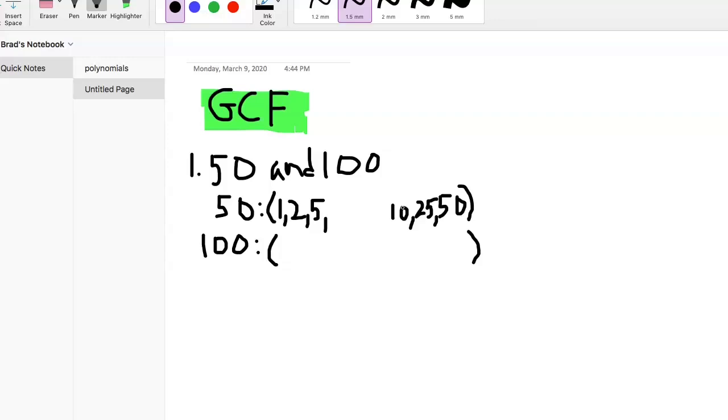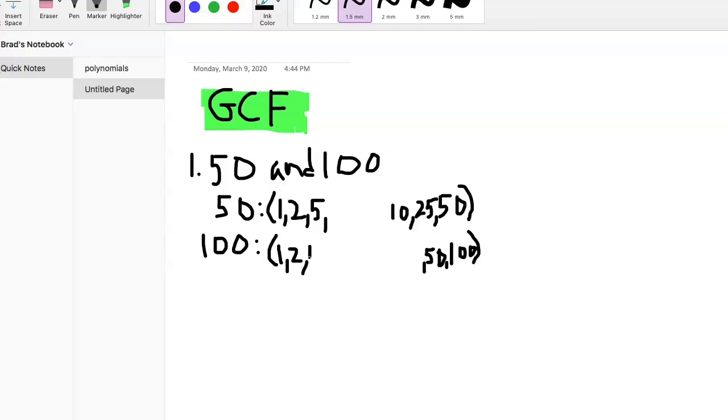factors for these. For 100, same process, right? 1 and 100 to start off with. And what's next? 2 and 50. 3 times 33 is 99, which I was saying when I thought we were on 100 earlier.